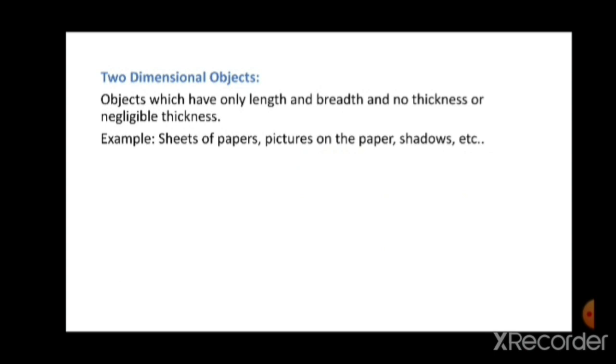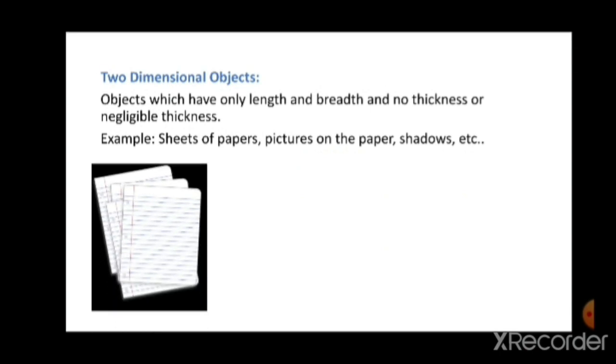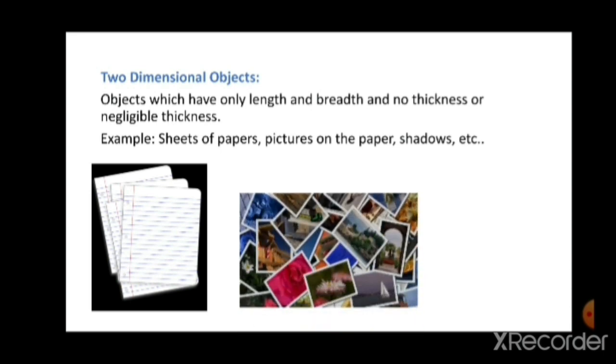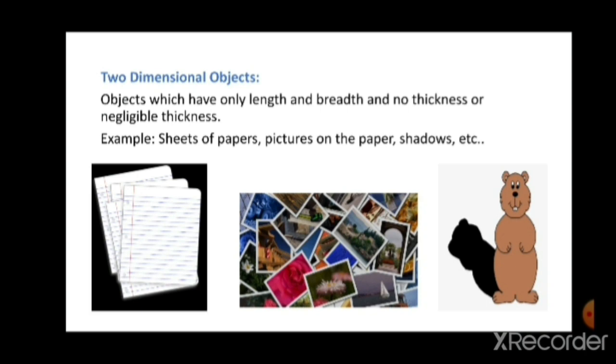Examples of two-dimensional objects are sheets of paper, then pictures on the paper, and shadows. Sheets of paper have a flat surface, they don't have any height, so it is an example of a two-dimensional object.